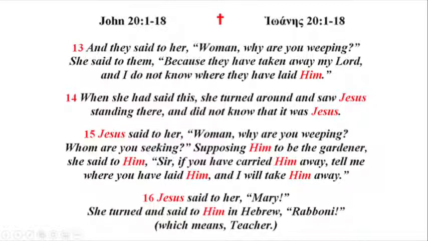Yeshua said to her, "Woman, why are you weeping? Whom are you seeking?" Supposing him to be the gardener, she said to him, "Sir, if you have carried him away, tell me where you have laid him, and I will take him away." And Yeshua Jesus said to her, "Mary." And she turned and said to him in Hebrew, "Rabboni," which means teacher.